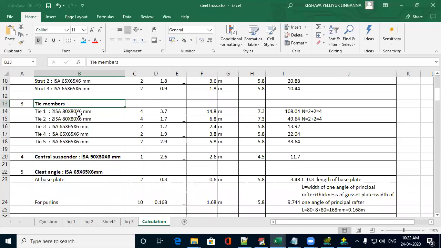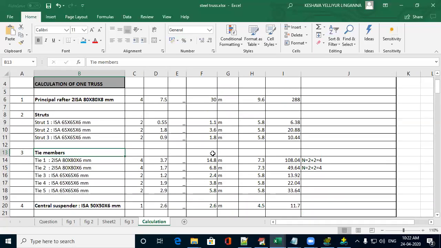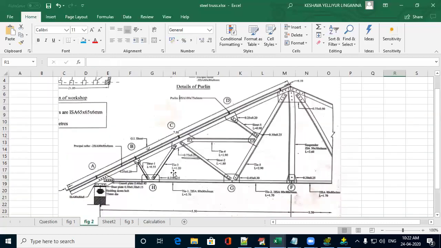And these details are taken from the data. Coming to these numbers, as I explained earlier, wherever you see 2 ISA, you have to multiply the numbers with 2. Actually, the tie 1 is only 1. In the diagram, there is only one tie 1, one tie 2, tie 3, and tie 4.